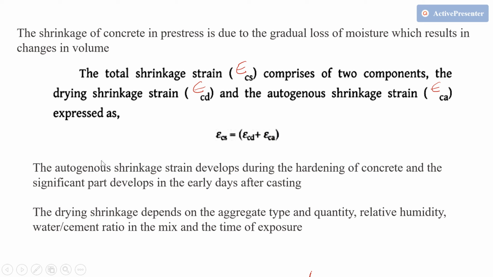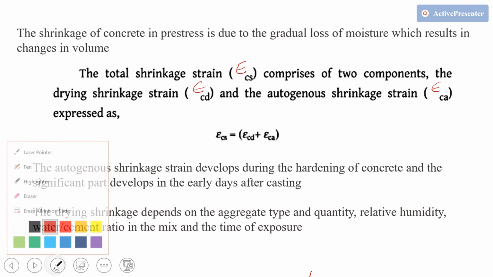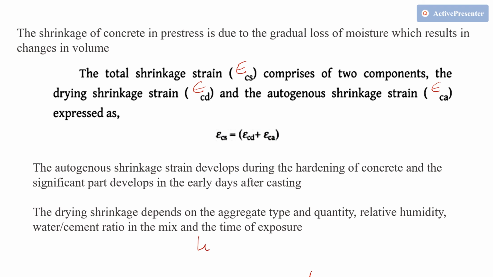And I could write the loss of stress due to shrinkage is equal to epsilon cs into Young's modulus of steel.